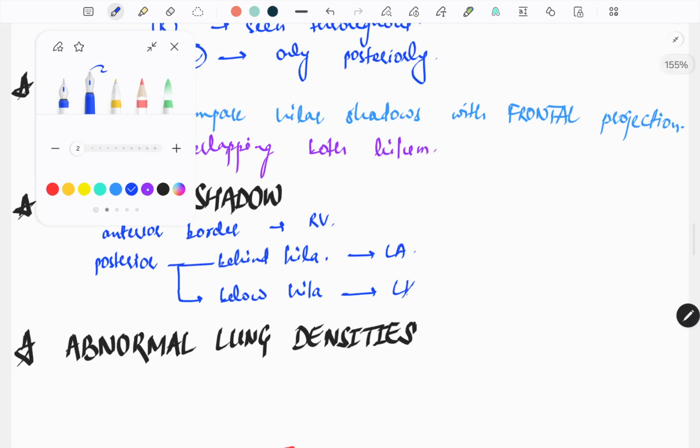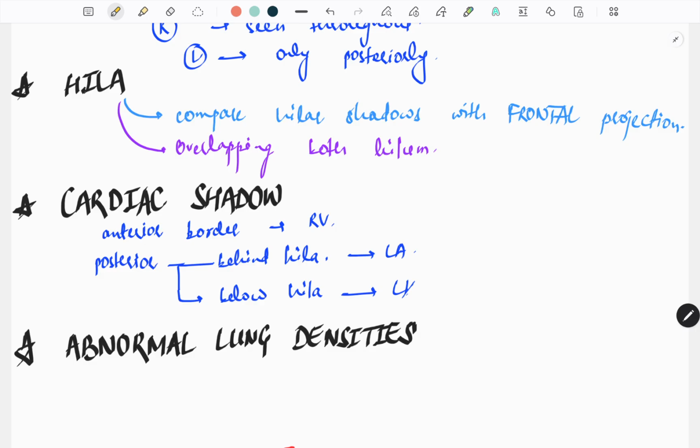All of these borders should be clearly visible.